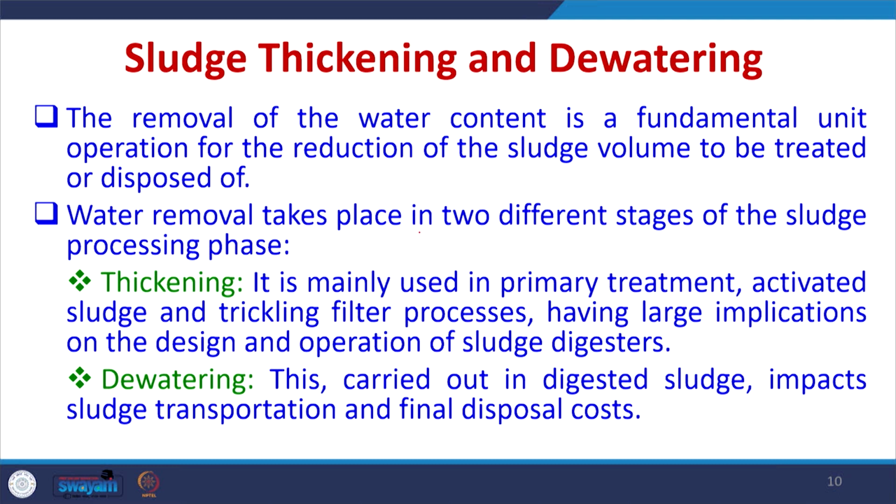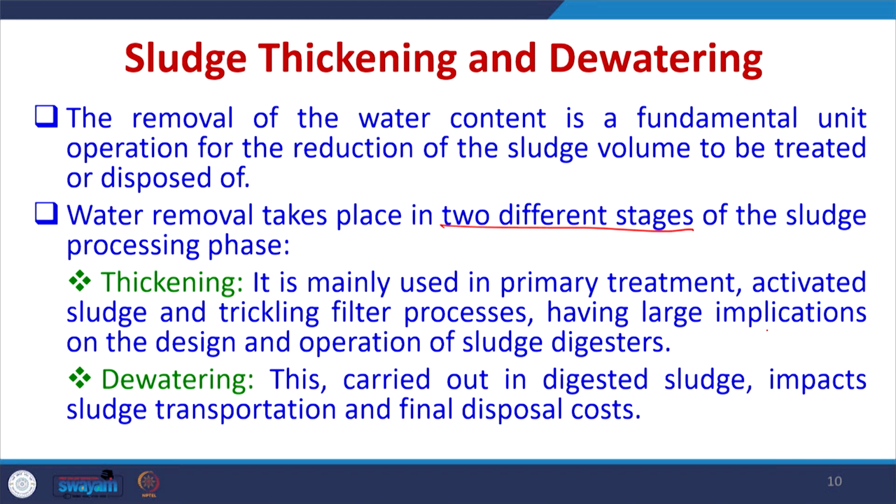The water removal takes place in two different stages of sludge processing. One is thickening, another is dewatering. Thickening is mainly used in the primary treatment, like activated sludge thickening, and filter processes have very large implications on the design and operation of the sludge digester.